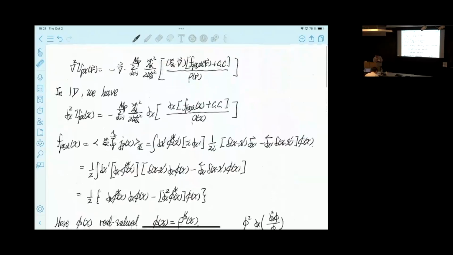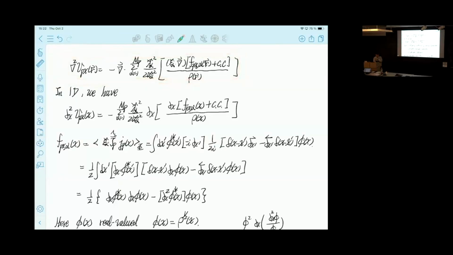So we start from this equation, and then do that, plus this term.